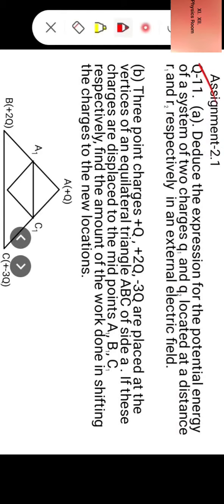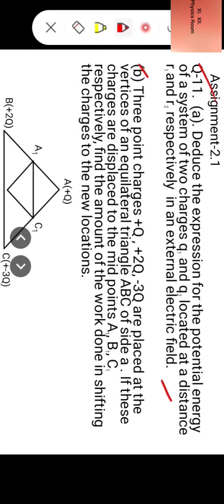A part, deduce the expression for the potential energy of a system of two charges Q1 and Q2 located at a distance R1 and R2 from origin respectively when placed in an external electric field.